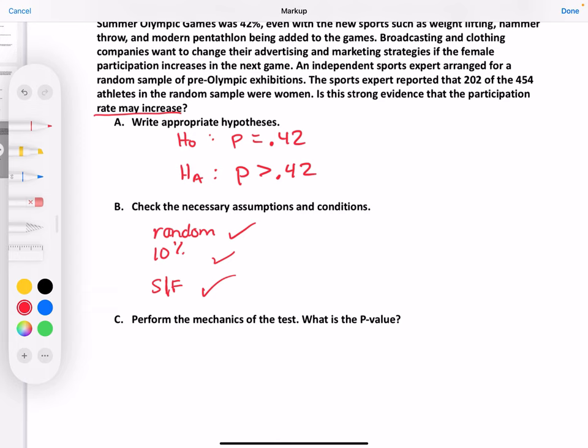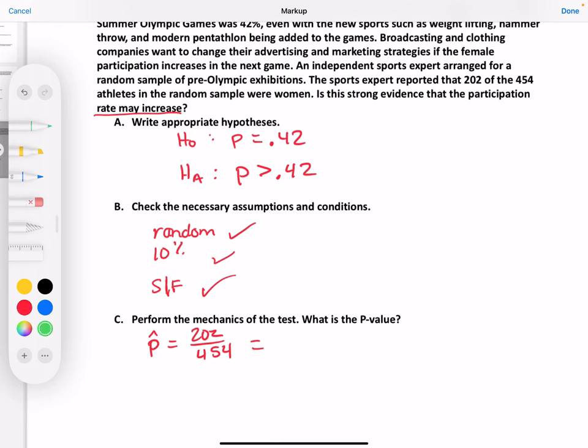So then perform the mechanics of the test, find the p-value. Since we're not actually doing it by hand, we don't really have to do this, but just so that you see where we would get it from, we do 202 divided by 454. And then that'll give you the decimal that we would use if we were doing the z equals formula.